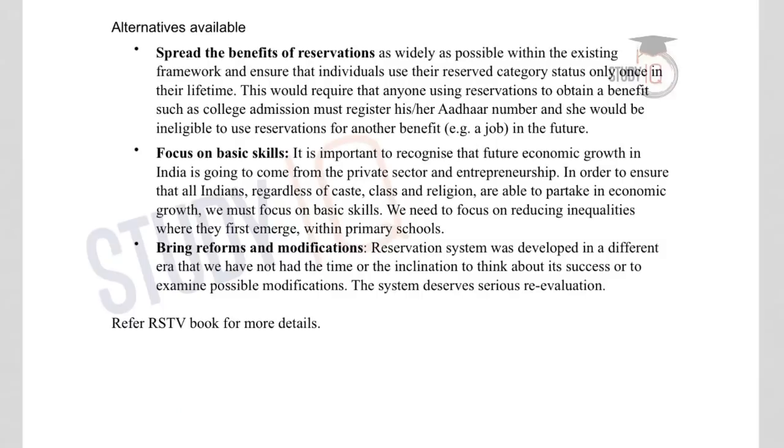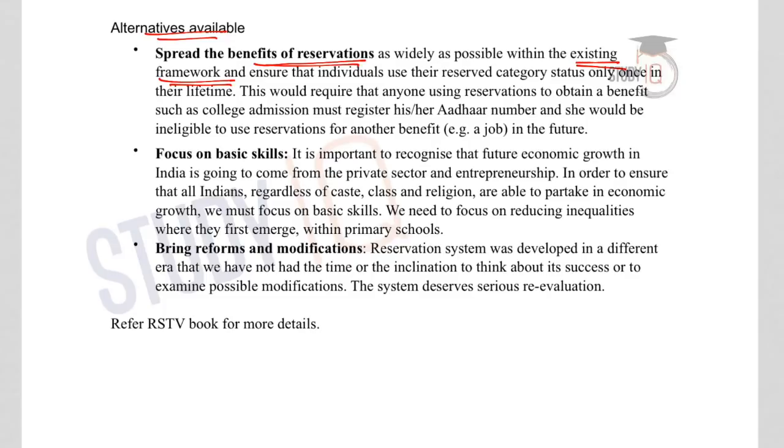Now let us also understand what are the alternatives available. The first one is to spread the benefits of reservations as widely as possible within the existing framework. And it is also important to ensure that individuals use their reserved category status only once in their lifetime. Secondly, the government should focus more on developing basic skills.